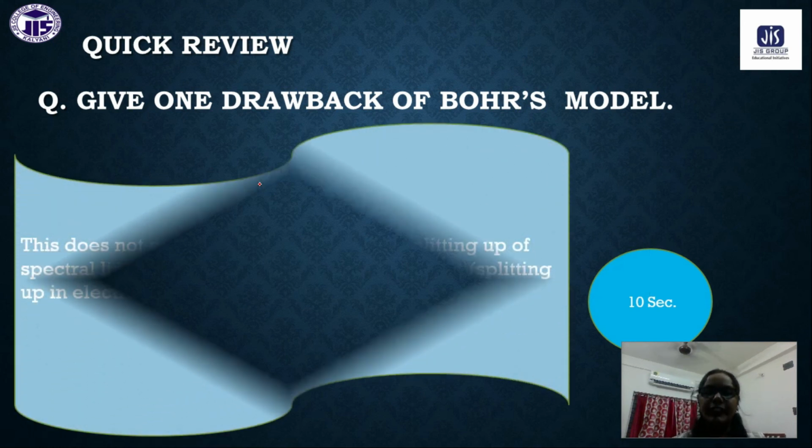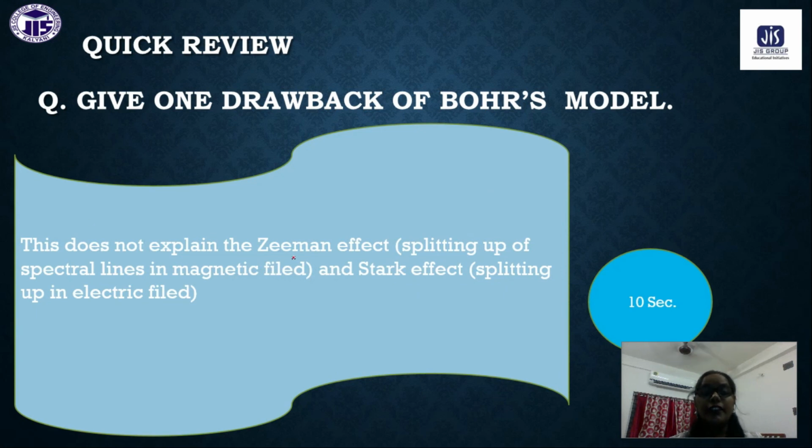You're absolutely right. It does not explain the Zeeman effect. Why the spectral line of the hydrogen atom splits further when a magnetic field is applied and divides into very closely spaced energy levels, he could not explain.